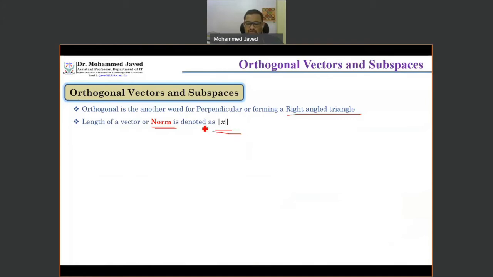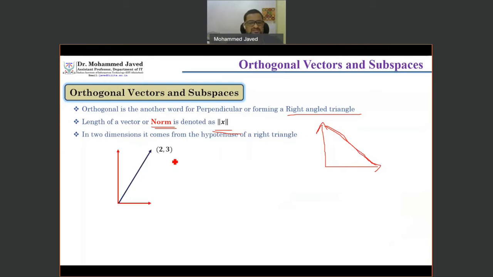So what is modulus x? In two dimensions, it comes from the hypotenuse of the triangle. Now, if you have two vectors and they meet at right angles, then the length will be the hypotenuse. That is what is being conveyed here.